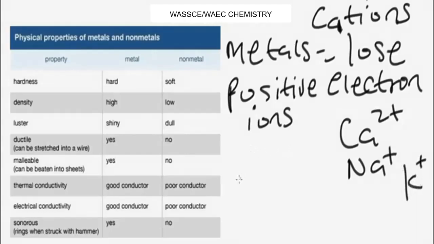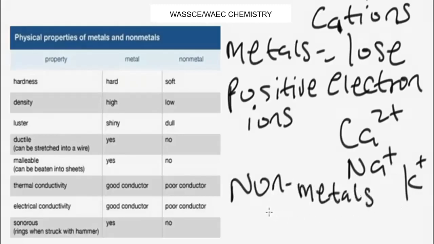Now let's look at the concept of non-metals. Non-metals are simply elements that gain electrons when they take part in chemical reactions, and non-metals form negatively charged ions. So they form negative ions when they react.